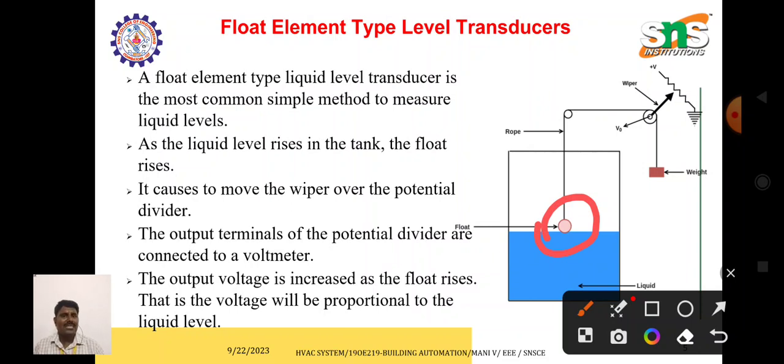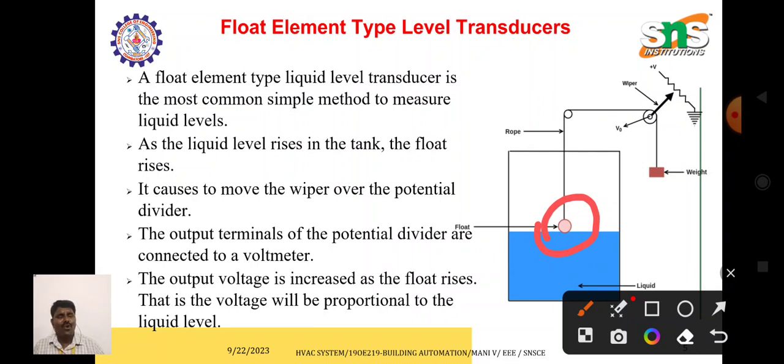As the liquid level increases, the float rises. If the water level decreases, the float also goes down. So the water causes the float to move.